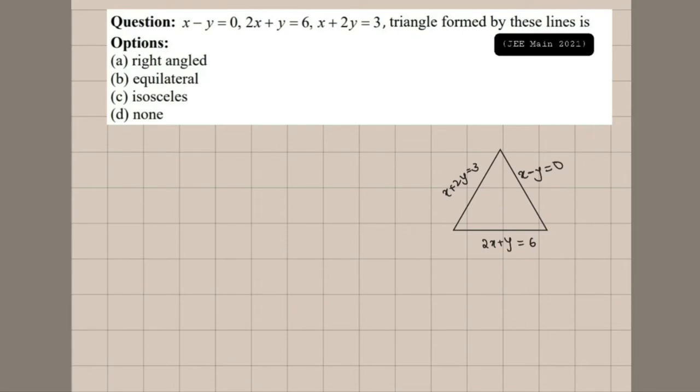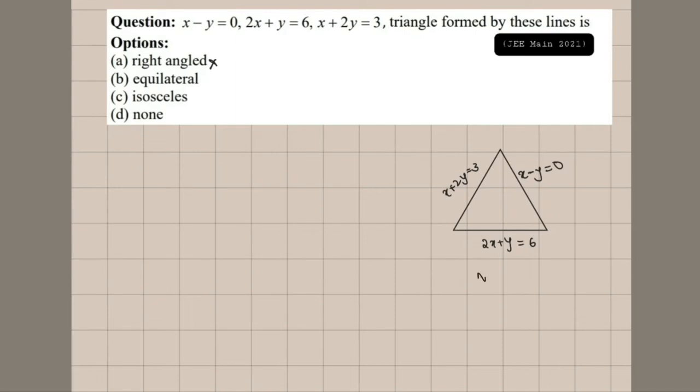If you observe, the angle between any two lines is not 90 degrees, so the right angle option is eliminated. How can you say just by seeing the equations that no angle is a right angle? Because we know the slopes. When two lines are perpendicular, the product of slopes should be -1, or they should be parallel to the x and y axes.